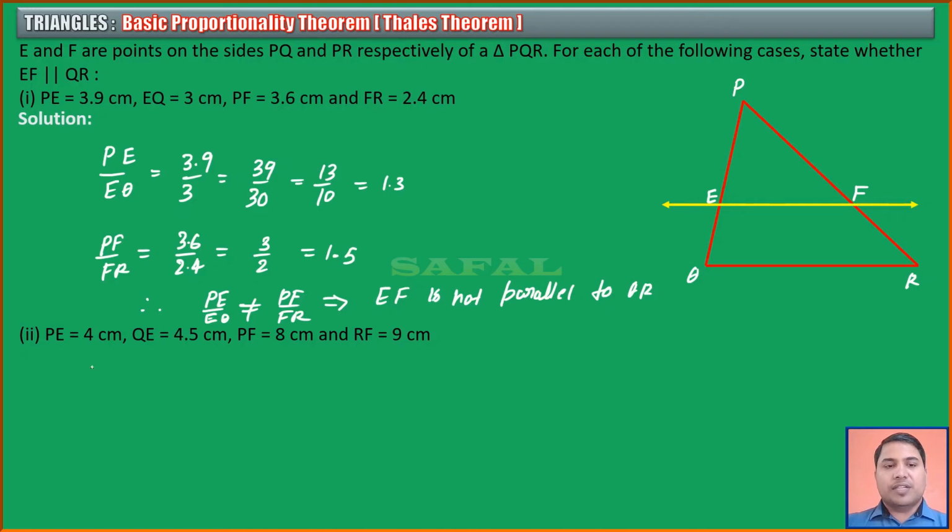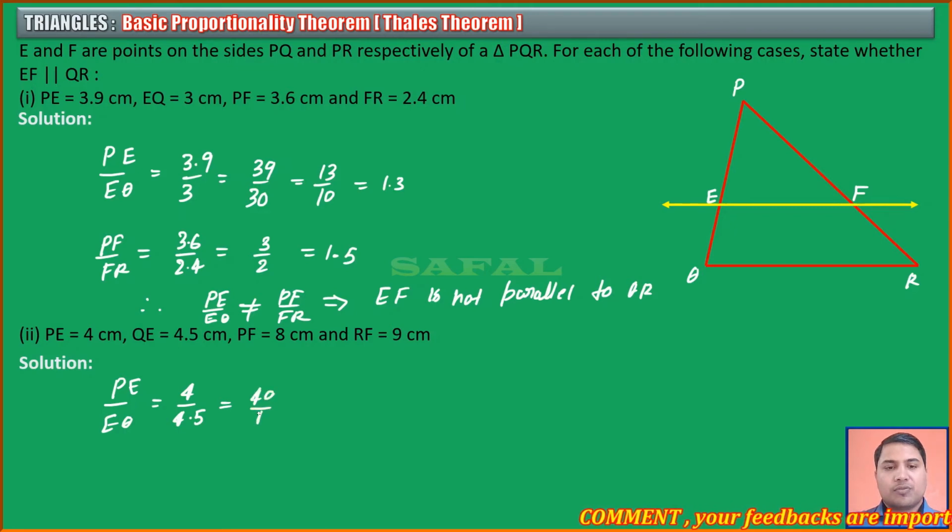Now the second one, so PE is 4 centimeter, QE is 4.5. So here if I find PE by EQ, so PE is 4 and EQ is 4.5. So I can say 40 by 45. So 5 8s are and 5 9s are. So PE by EQ is 8 by 9.